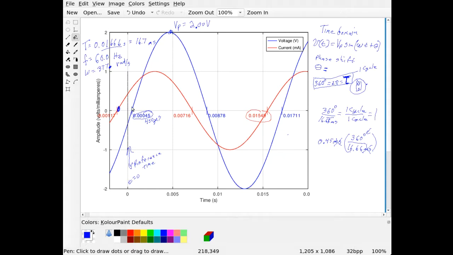Now remember, this is crossing after time t equals 0, so this is going to be a negative sign. Our phase shift theta is going to be minus, because it's crossing after time t equals 0.